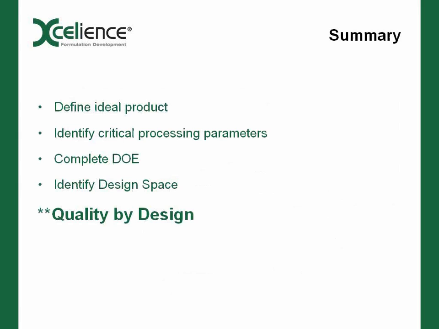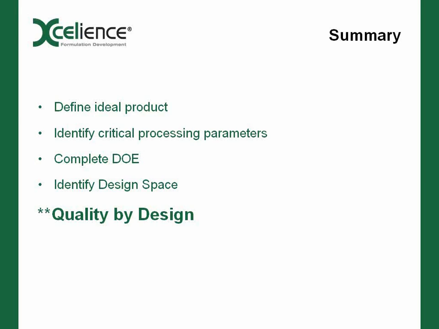So basically, we've tried to very briefly step through today what your objectives are during the scale-up process. It's very hard to define a particular scale or anything like that, because a lot of it is going to depend on what the project train is going to be, how much API is available, and what critical processing parameters you identify.